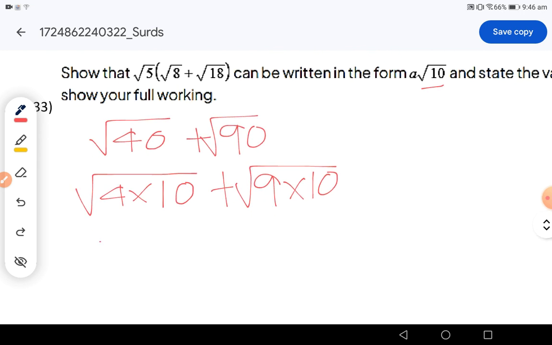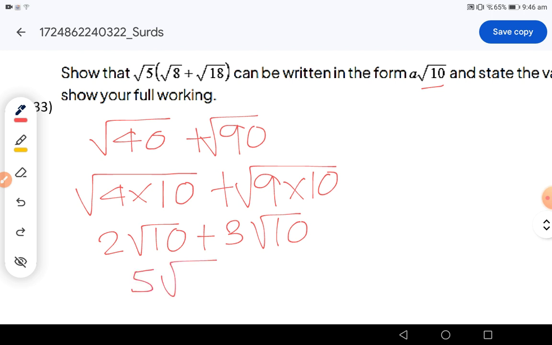So 2 root 10 plus 3 root 10. So 3 plus 2 is 5 root 10. It is proved.